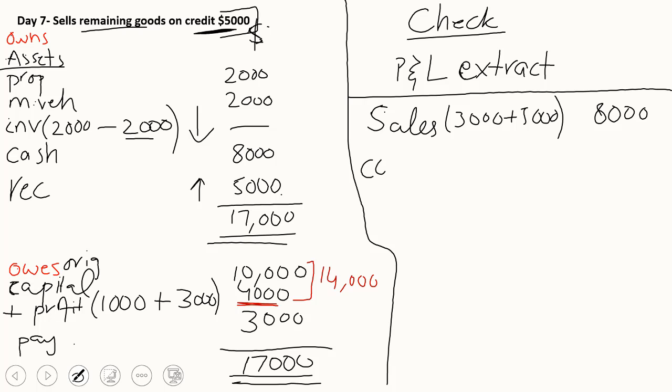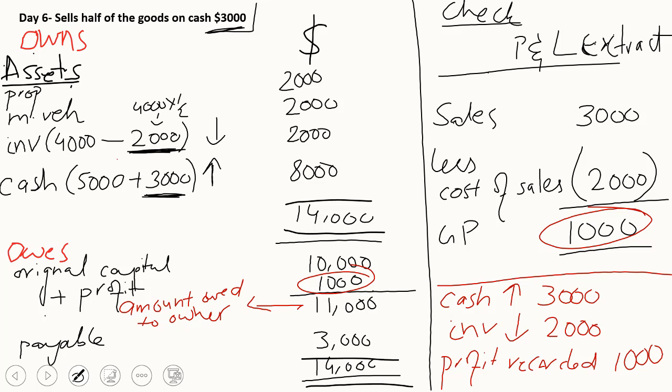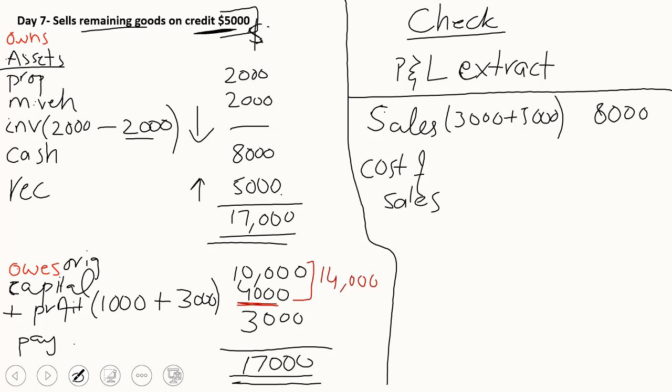Cost of sales. Let's look at the previous example. It was 2,000 and now 2,000. So 2,000 plus 2,000, 4,000.